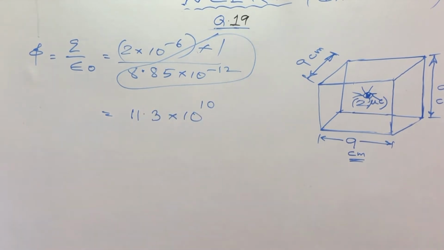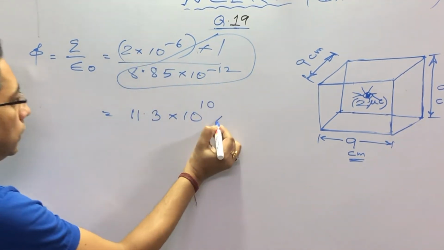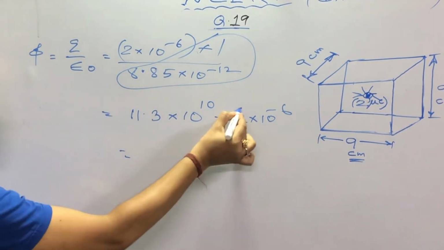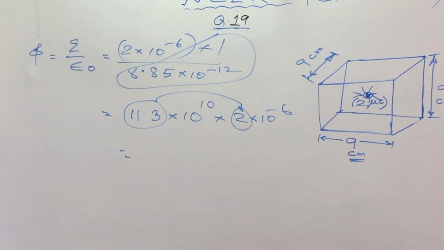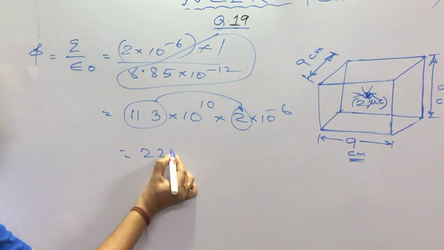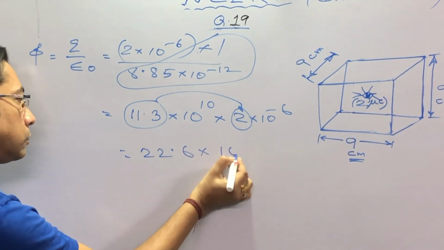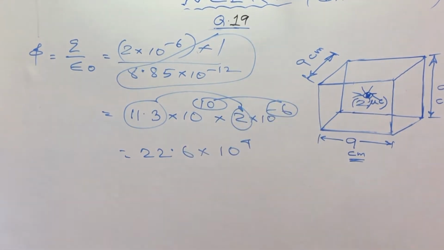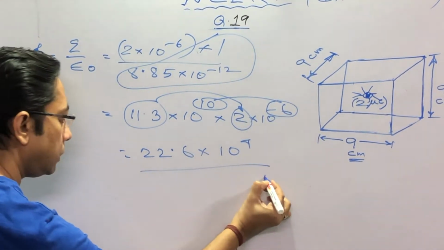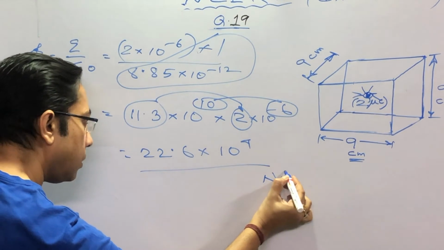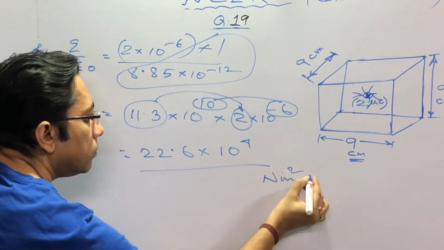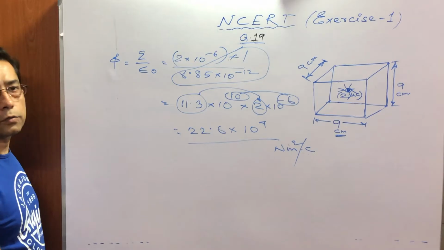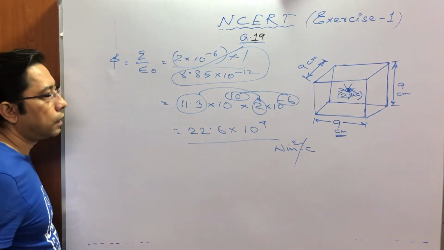Just remember this. It will help you in calculating. Into 2 into 10 to the power minus 6. Just multiply these two things. So it will become 22.6 into 10 to the power 4 Newton meter square per coulomb. So this is the flux.